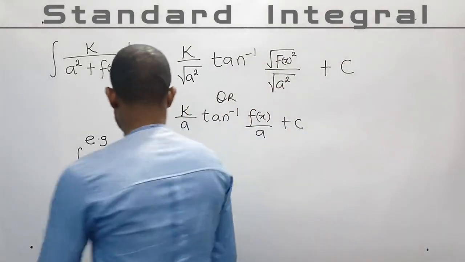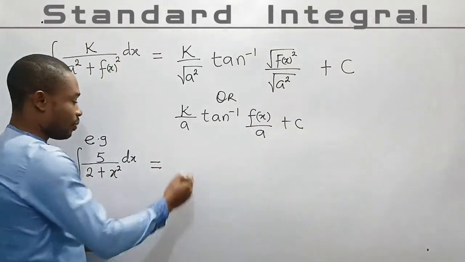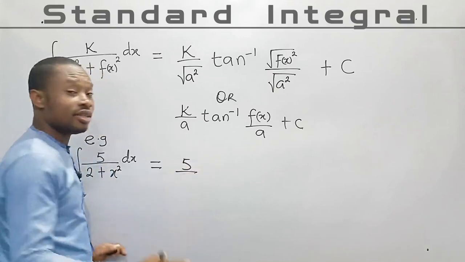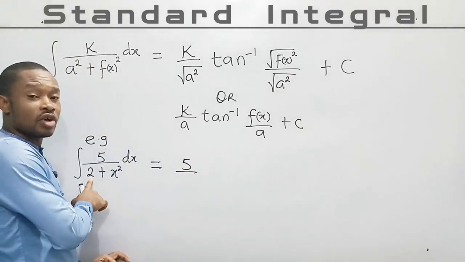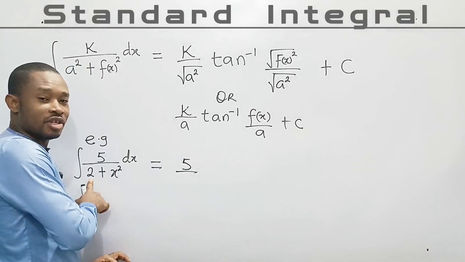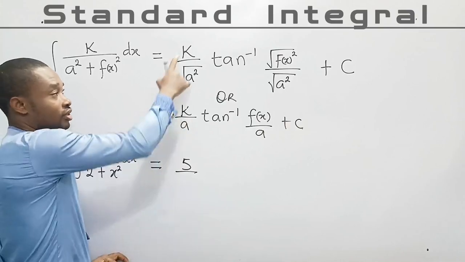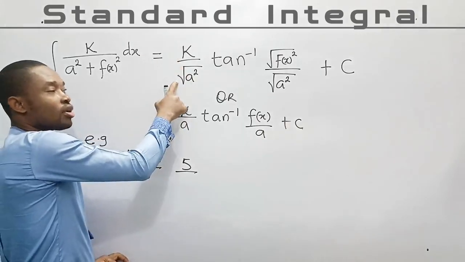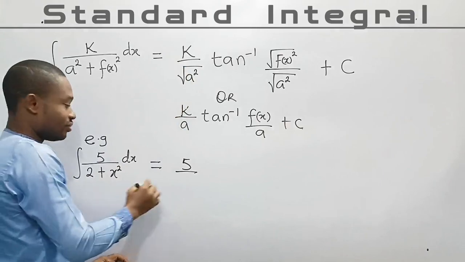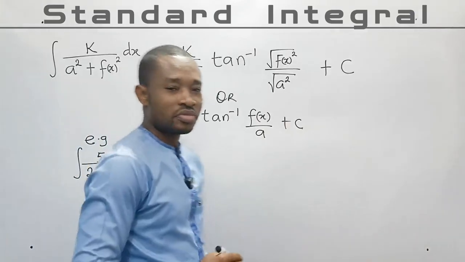Let's get to the answer of this. The integral of this function is simply 5 divided by, remember you must take the square root of the constant term in the denominator. Constant in the numerator, look at it, divided by the square root of the constant in the denominator, square root of what? 2.